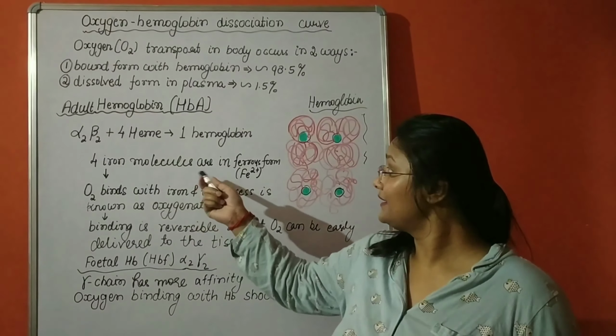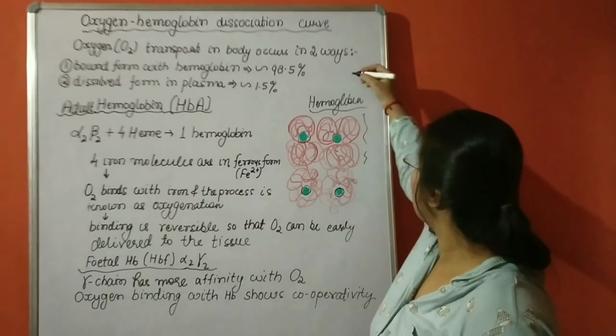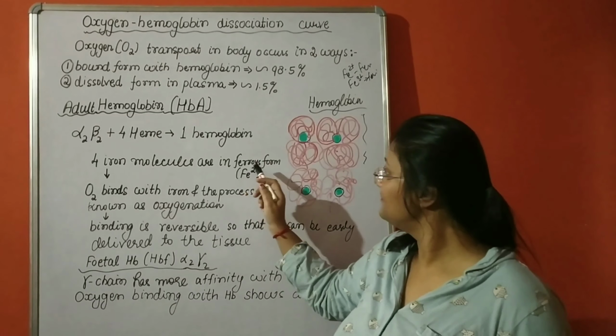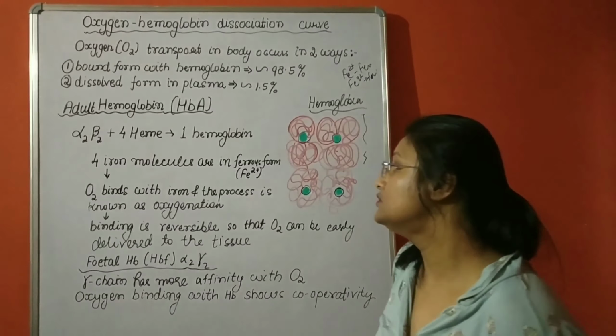Now the 4 iron molecules are in ferrous form. Iron can be in Fe2+ form, which is the ferrous form, whereas the Fe3+ form is the ferric form. Adult hemoglobin is in ferrous form, Fe2+. So O2 binds with iron and the process is known as oxygenation.